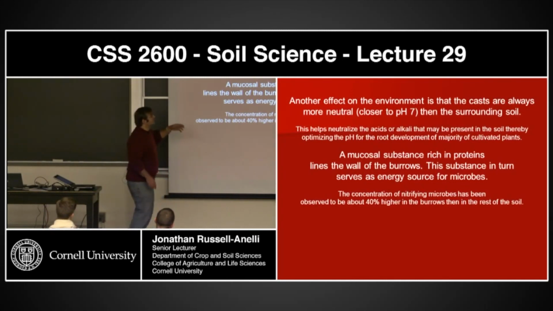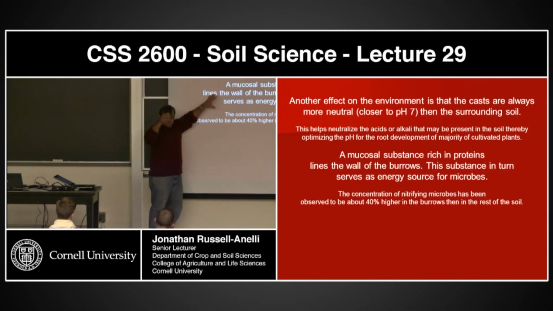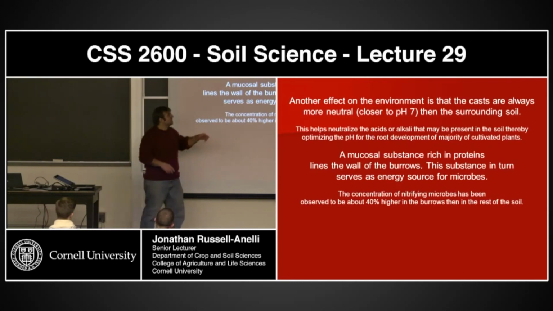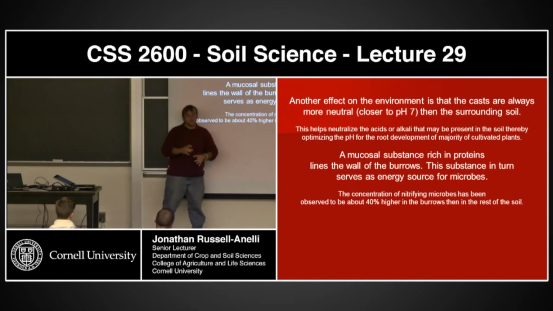But the other interesting thing about these casts and the tubes that they're making is that as these earthworms are moving through the system, they're leaving behind a mucilaginous substance that is rich in proteins on the wall of these burrows.